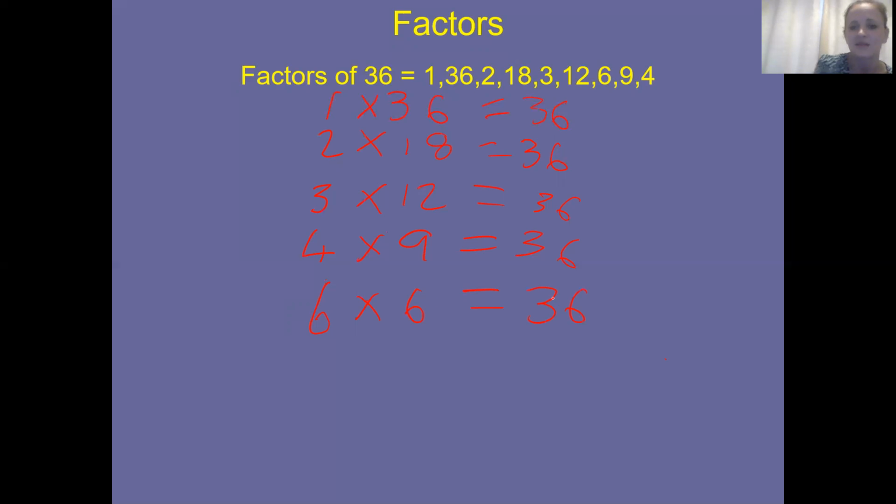That means that the factors of 36 are 1 and 36, 2 and 18, 3 and 12, 4 and 9, and 6. I don't need to put 6 twice because it is the same number that we are using again and again.